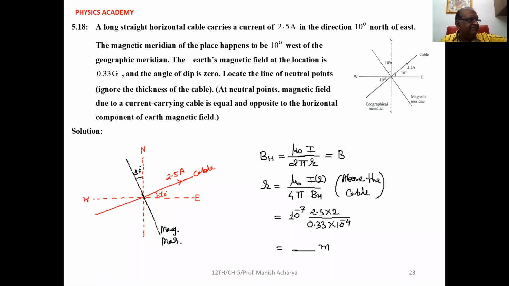How? Say, if this one is your cable and see in the cable, the current is flowing in this direction. Okay. So, if we hold this cable in the right hand like this, thumb is in the direction of the current.